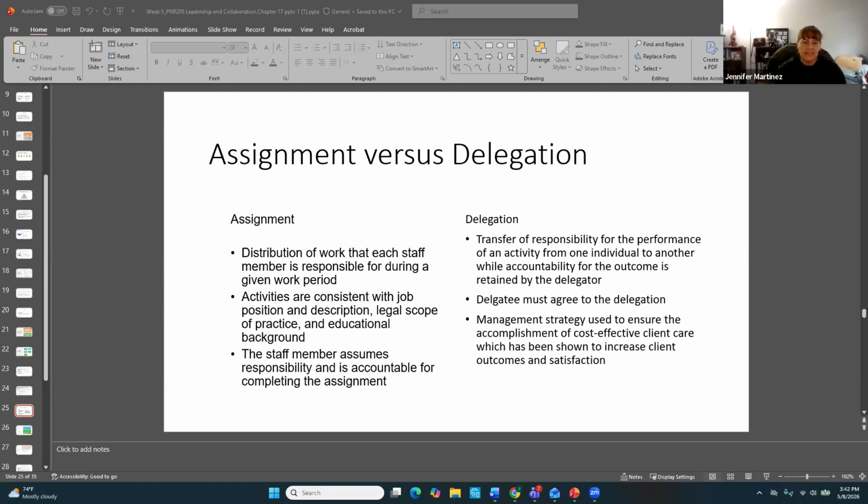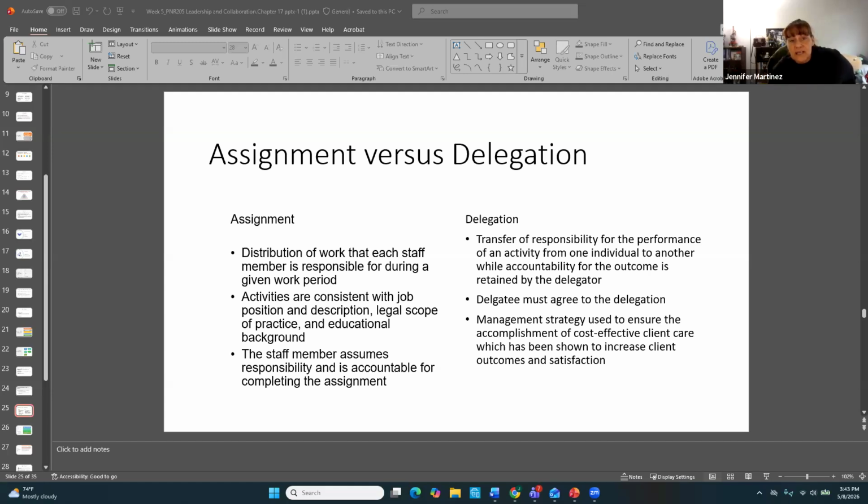So, for example, if I tell Zamira, hey, Zamira, I need you to go get a blood sugar on Mr. Jones in room 5, and Zamira says, okay, I'm going to go get the blood sugar on Mr. Jones in room 5, that means Zamira has the responsibility to perform that activity, but I, as the nurse, am still responsible for her completing that activity as well as the outcome. So there's a difference between assignment and delegation.